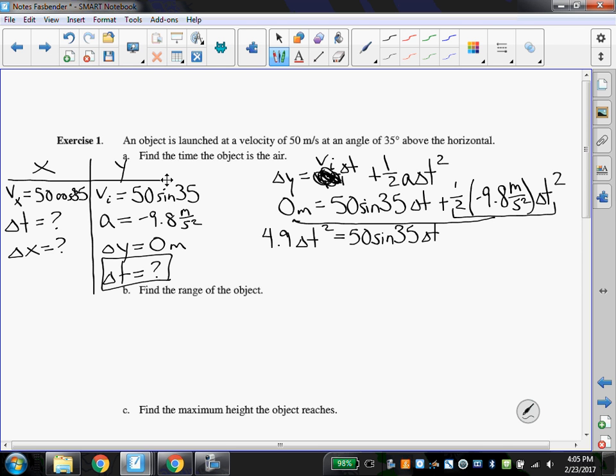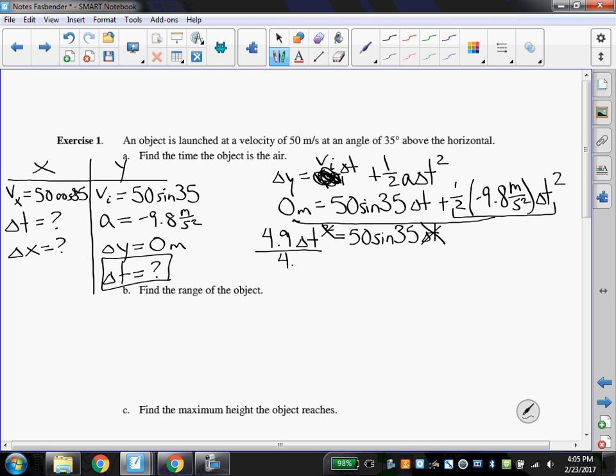Now, when we look at this, we see that we have delta t in all of the terms in this equation, which means that we should be able to divide delta t out in order to make our equation a little bit more simple. So the squared goes away from the left-hand side, and the delta t goes away from the right-hand side, and we are left with 4.9 delta t equals 50 sine of 35.